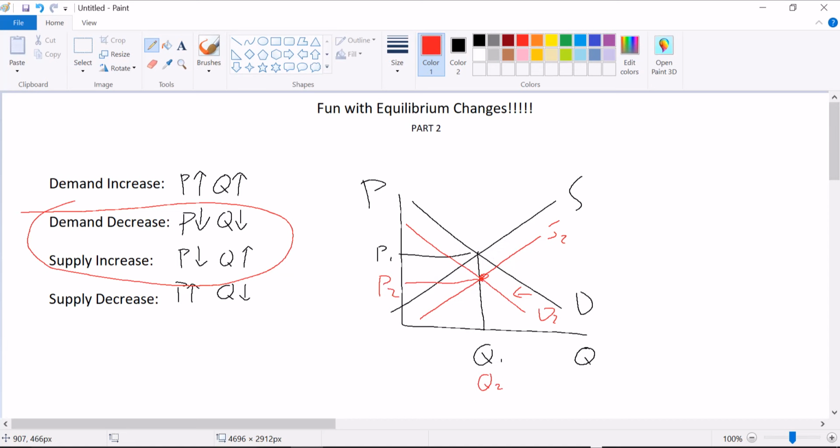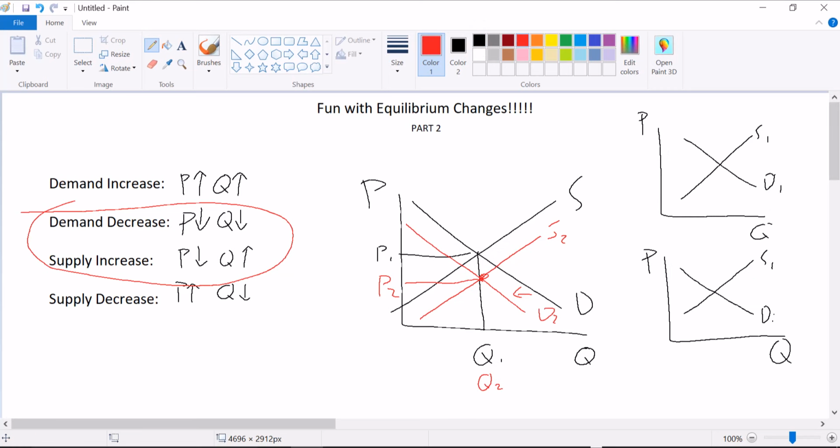Now, if that were all we had to do, that'd be great. But here's the challenge: it's not that simple. You see, I could draw it differently. I could draw it with a huge demand shift and a small supply shift, in which case the equilibrium quantity falls from the 2 points.